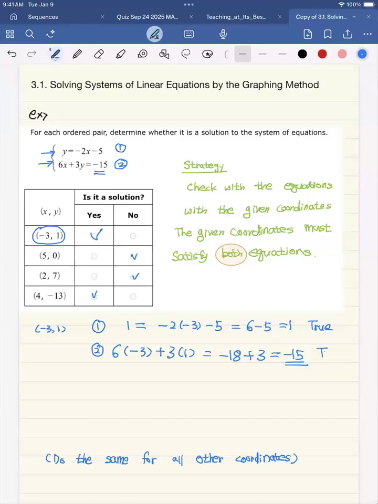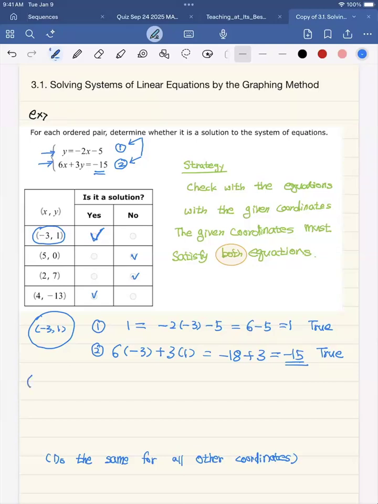So that is true. So we verified that -3 and 1 is a point on the graphs of both the first and second equations. That means this coordinate satisfies both equations. So the answer is yes.